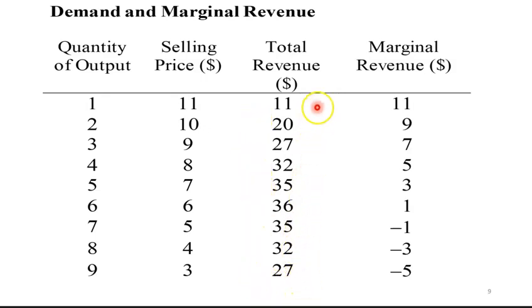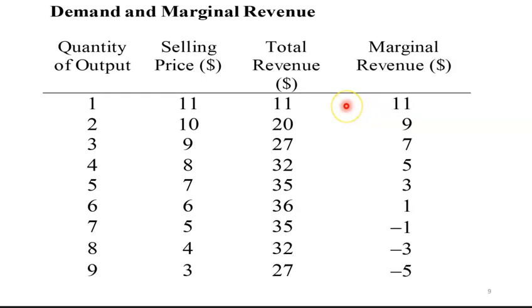And we can ask, how much extra revenue does the firm get by lowering its price and selling a little bit more? So that's the definition really of marginal revenue. How much extra revenue do you get by selling an extra unit of your product?